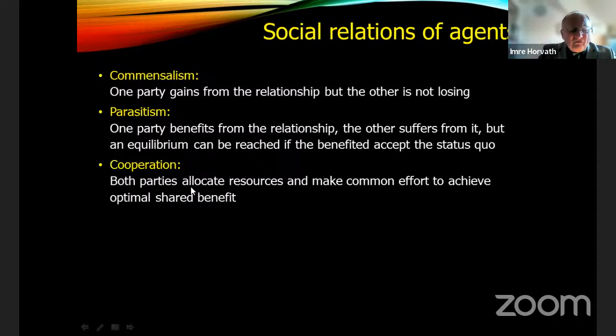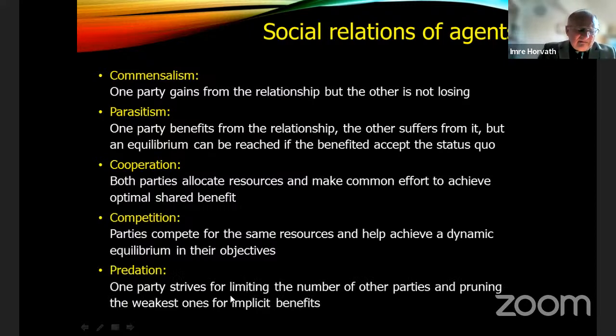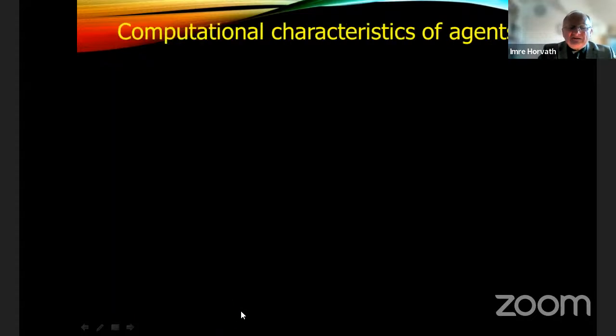Cooperation means that both parties allocate resources and make common efforts to achieve optimum shared benefits. Competition means that the parties compete for the same resources and help achieve a dynamic equilibrium in their objectives. Finally, predation means that one agent strives for limiting the number of other parties, pruning the weakest ones for implicit benefit.